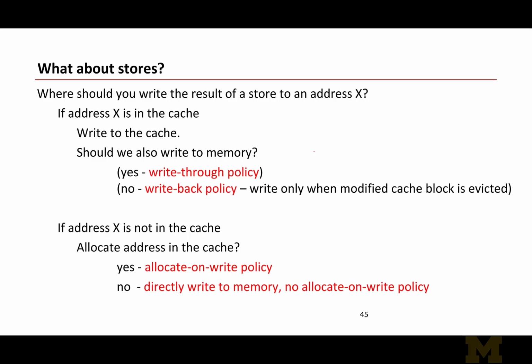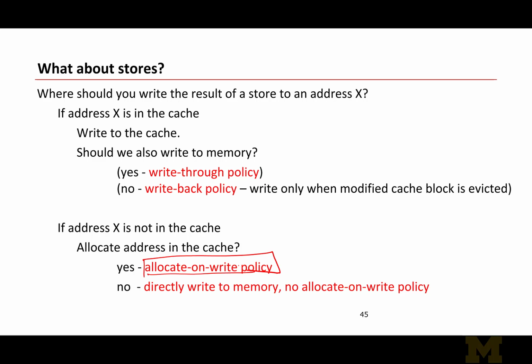The second decision that I need to make is whether to allocate a cache line when I execute a store to a cache block that is not there in the cache. So when I do allocate a cache block, it's called an allocate on write policy.